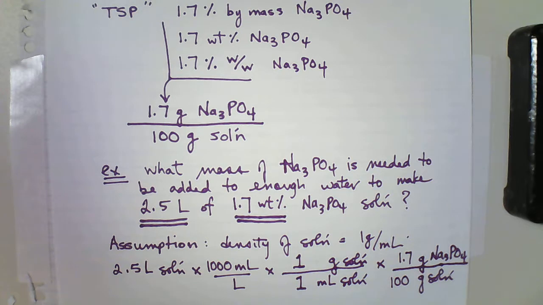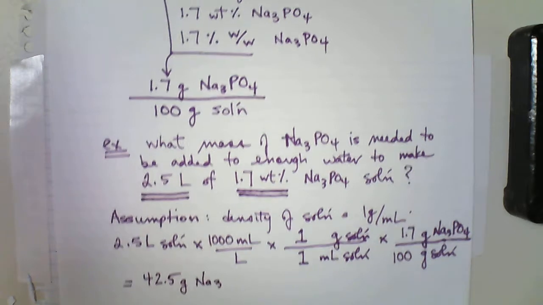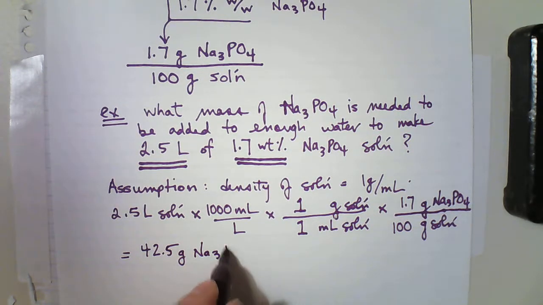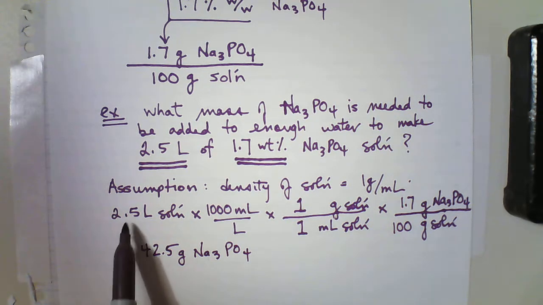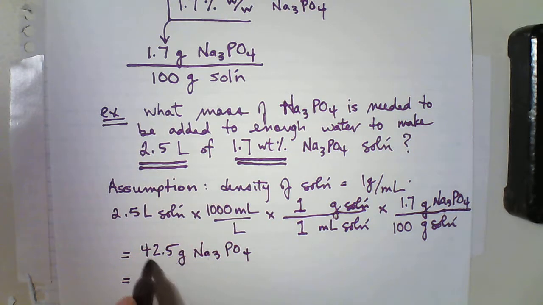And we'll put that in the calculator. And I get 42.5 grams of Na3PO4 required. Let's make sure I have the right number of significant figures. I need 2, and that's a 5, so I'll round up by convention. 43 grams.